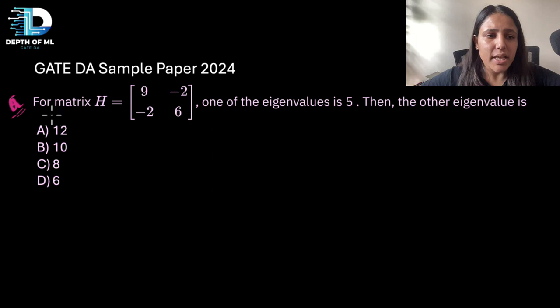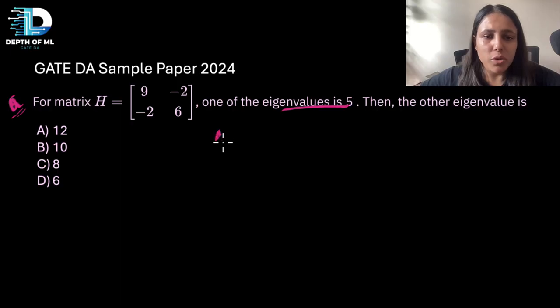The question is saying that a matrix H has been given to you and it's known that one of the eigenvalues is 5. Now they are asking about the other eigenvalue. You can solve this question very easily if you know how to find the eigenvalues given a matrix, and this is a 2 cross 2 matrix, so it's fairly simple to find the eigenvalues.